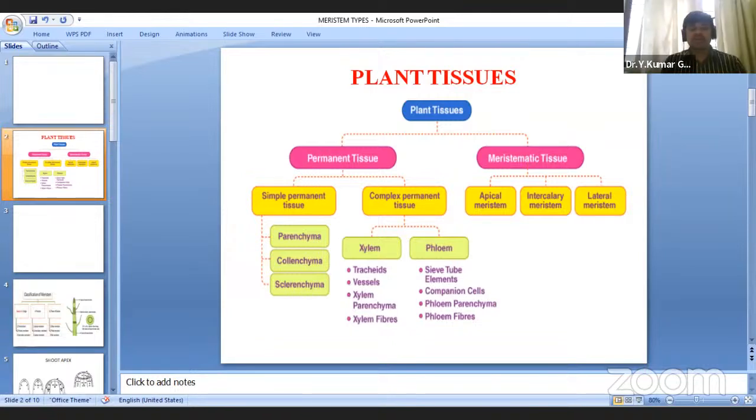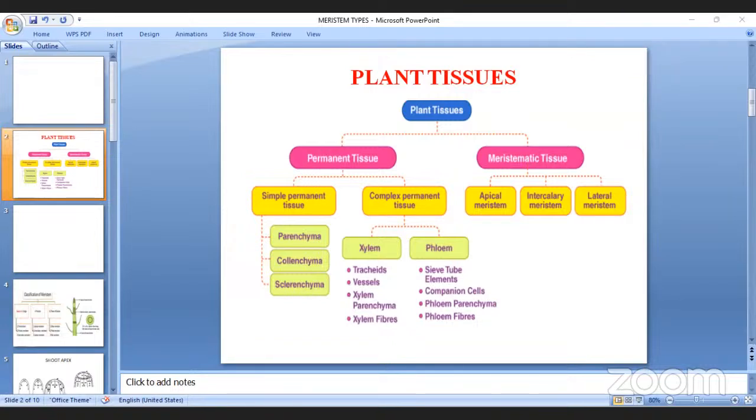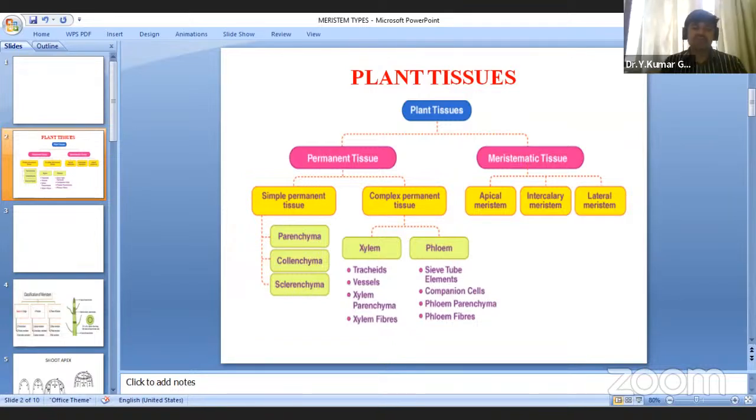As you said, tissue is a group of cells. What is a cell? The structural and functional unit. Structural means it forms the body of an organism, the body of the plant, with the help of permanent tissue such as parenchyma, collenchyma, sclerenchyma, xylem, phloem.